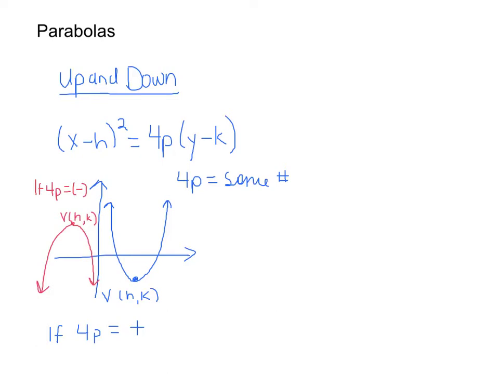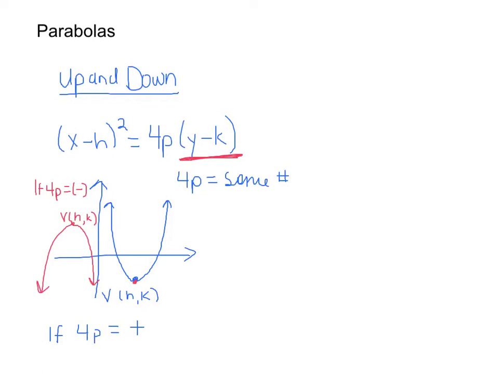So what you need to recognize is that a parabola is going to open up and down if the y variable is the one that is not being squared. Now you can have two types of parabolas that are vertical. You can have one that's opening up. This is the blue parabola that is opening up. Notice that your vertex is going to be represented by the ordered pair (h, k).